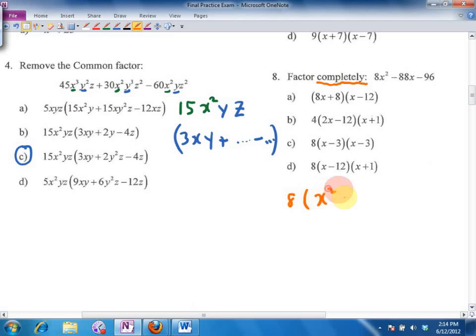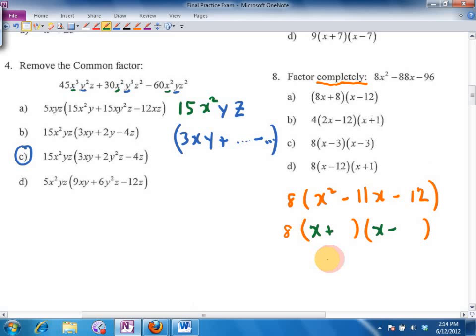These are x squared minus 11x minus 12. And am I done? No. I need to ask myself, can I break that bracket down into 2 more brackets? I think I can. Inside it will be x and x, with different signs, because there's a minus in front of the 12.